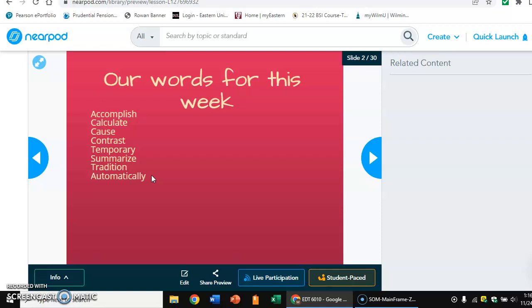For example, if you don't know what the word accomplish means, and you read it in the story, you may not fully understand what is going on in the story. By doing this prior to the lesson, this helps you understand what the word means and will help you better understand what is going on in the story.